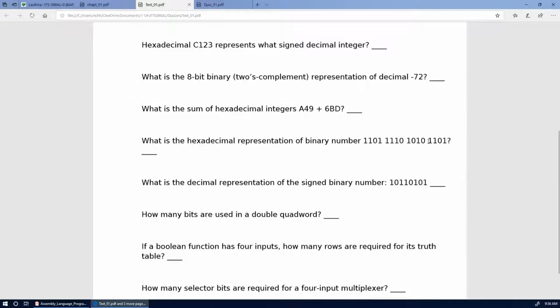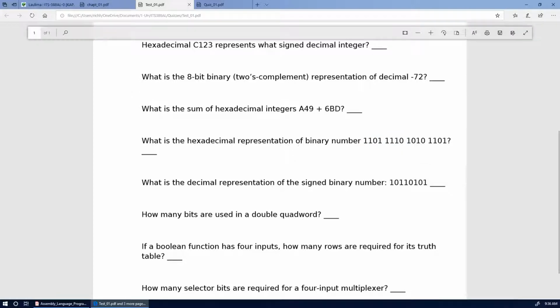You begin to learn that this is 13, which is about a D. This is A. This is E, and this is D again, I believe. Let me see, hexadecimal. Oh, I made this one up. D, E, A, D.